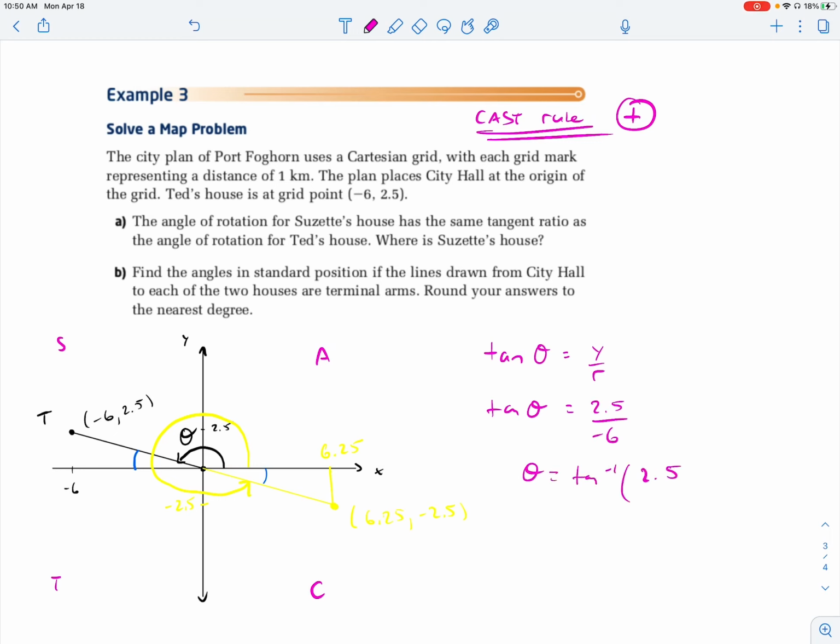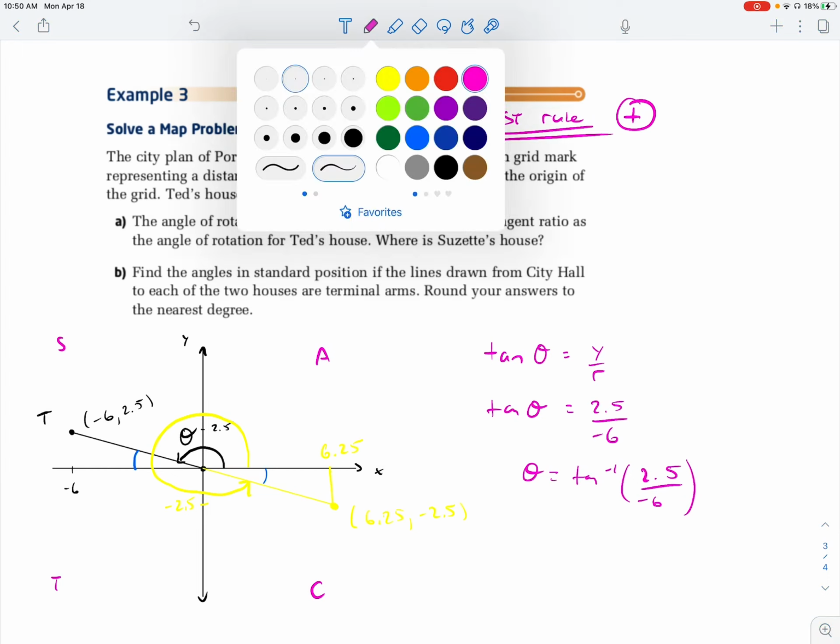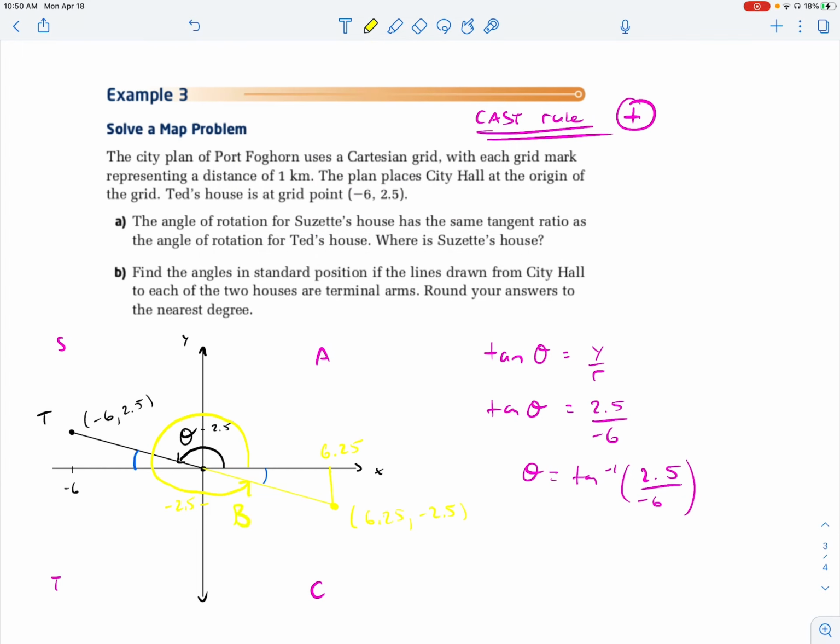Now, the tricky thing with your calculators is that when you put in -2.5 over 6, the calculator doesn't give you both angles. Notice this is the tan ratio for both of these angles, theta and beta. Let me label this one as beta. Both theta and beta have the same tan ratio. Your calculator, though, is only going to give you one of the answers, either theta or beta.